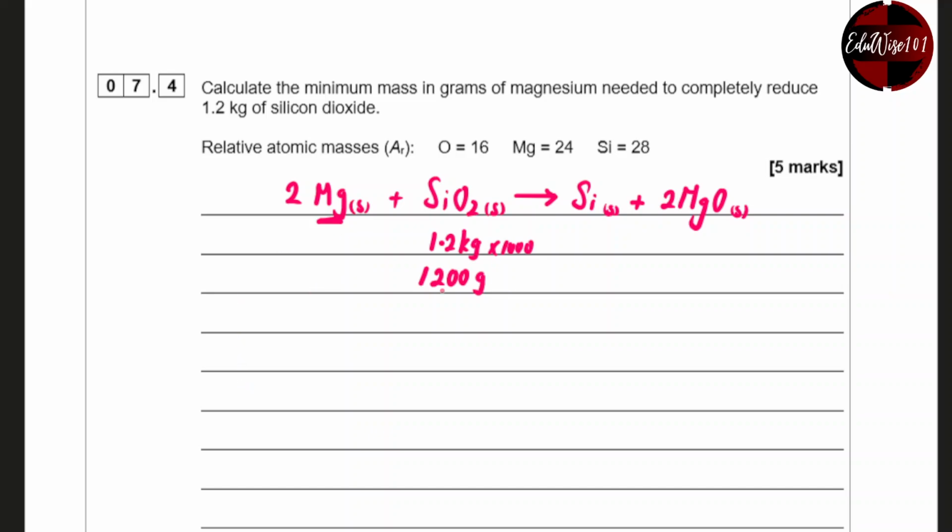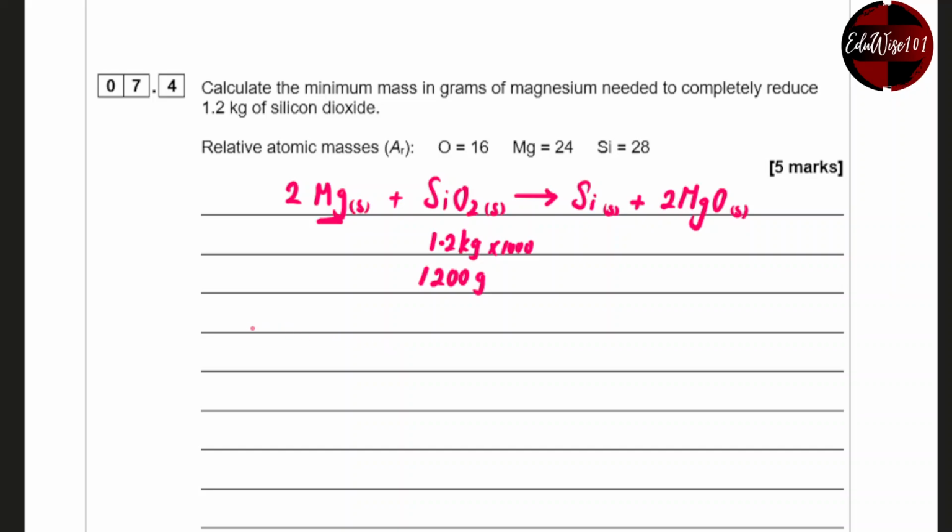So that way you can work it out in terms of ratios. Let's find the number of moles of silicon dioxide, because you have the mole ratio. 2 moles of magnesium is reacting with 1 mole of silicon dioxide.